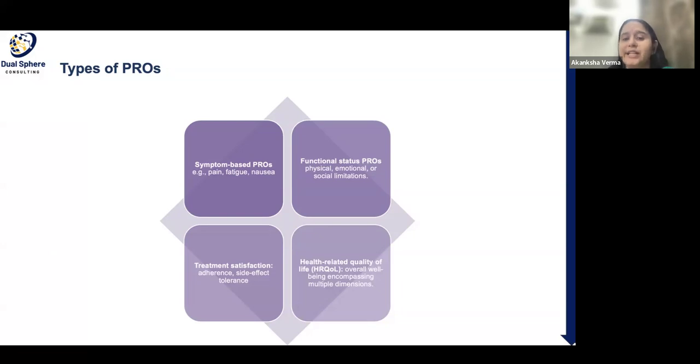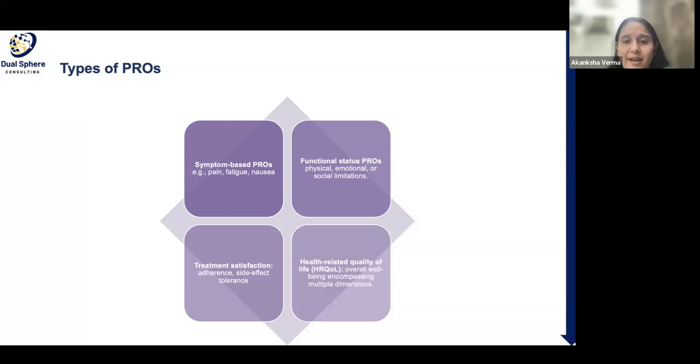Then you have health related quality of life PROs, which include the overall well-being of the patient, like how the patient perceives his own quality of life, which includes different dimensions to it. Okay, and then we have treatment satisfaction.